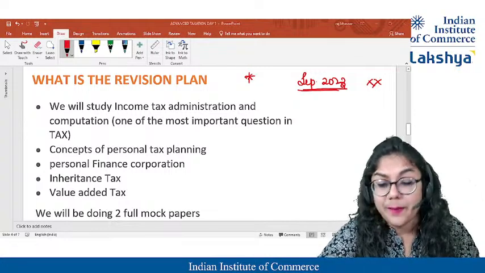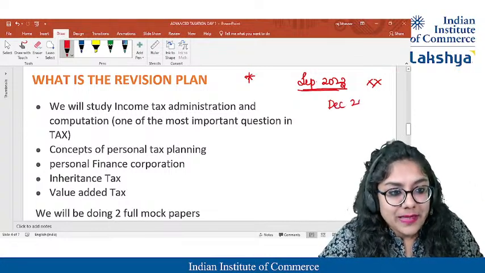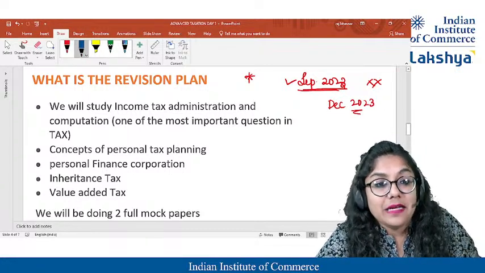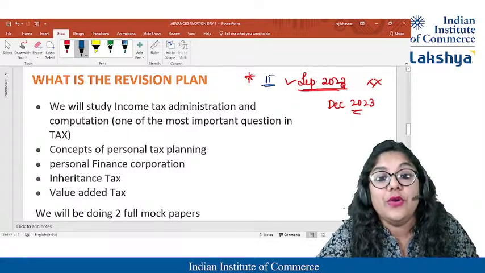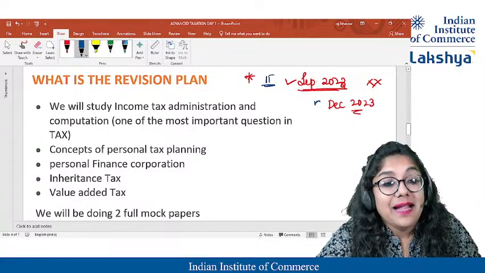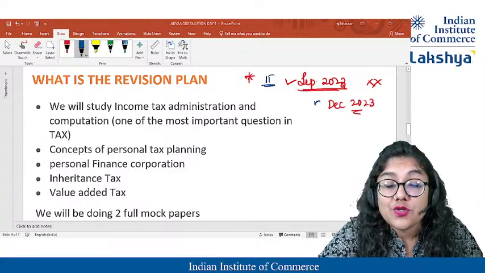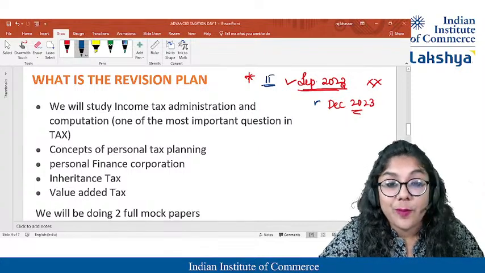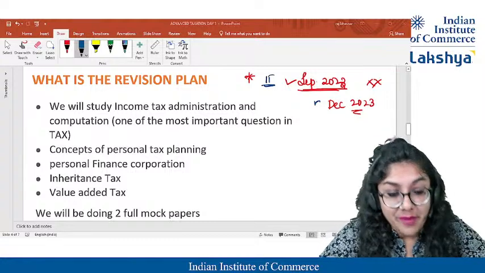For December 2023 onwards, I already took up income tax computation in September 23. Over here, I'll be taking up some topics which students leave and go, which they don't know are helpful from the perspective of marks.